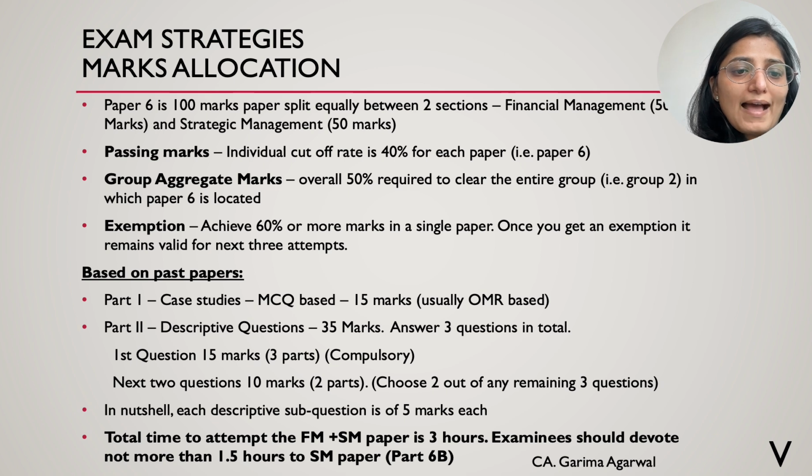And those 2 questions that you attempt will have 2 parts each, so basically 2 sub questions in each question. Total time to attempt the FM and SM paper is 3 hours. So the examinee should devote not more than 1.5 hours to the SM paper.